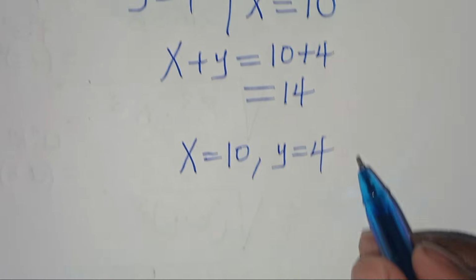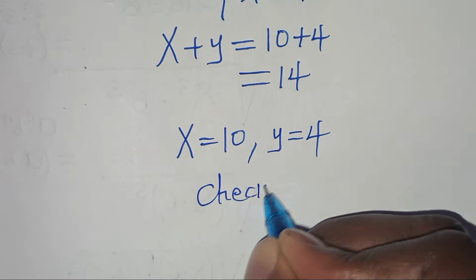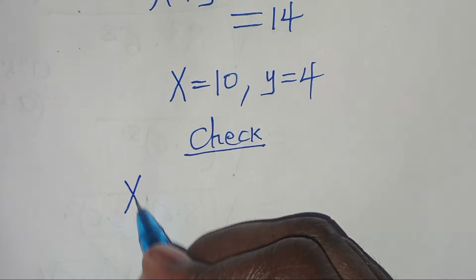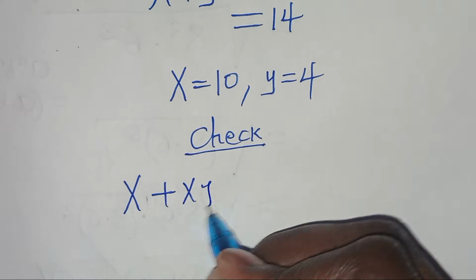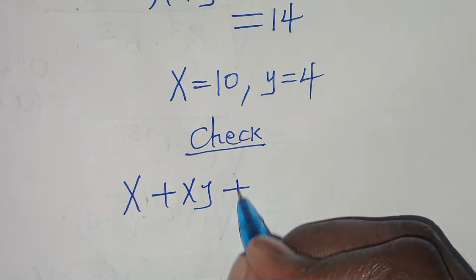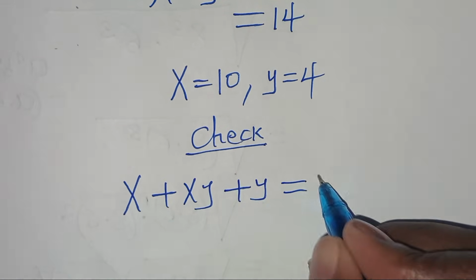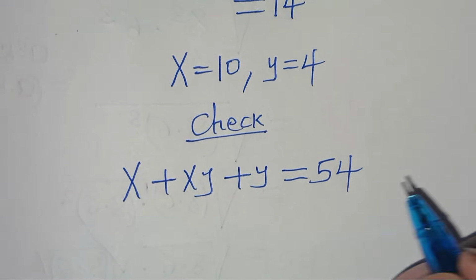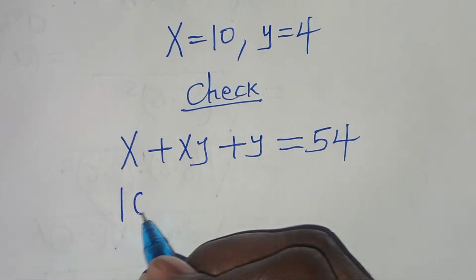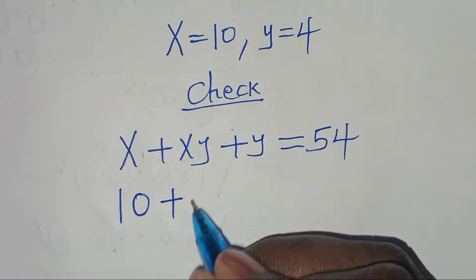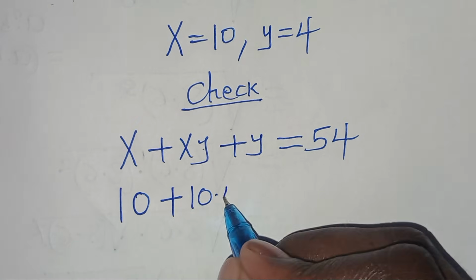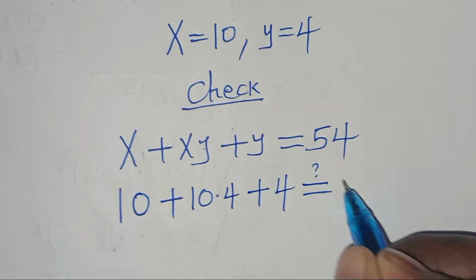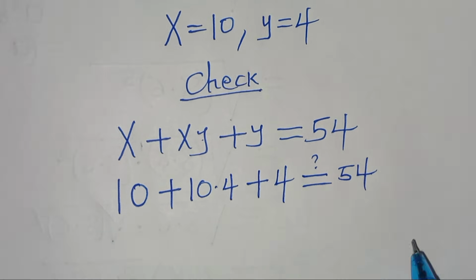Now, let's check if x = 10 and y = 4 satisfy the equation. If you recall, we have x + xy + y, which is supposed to give us a value of 54. Now, x = 10, so this is 10 + 10 times 4, then plus 4.